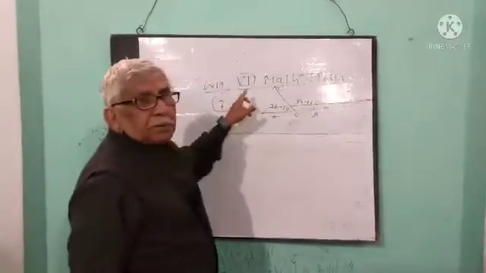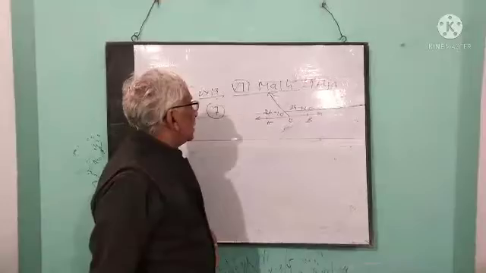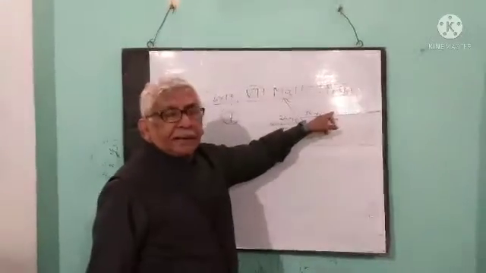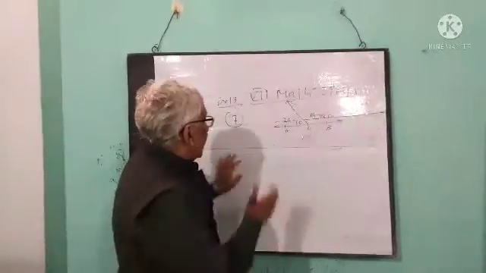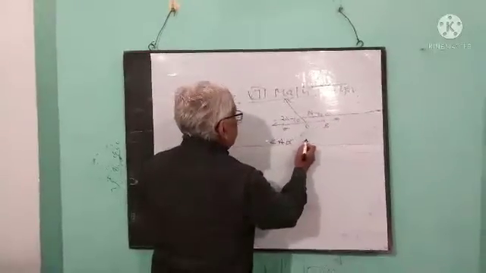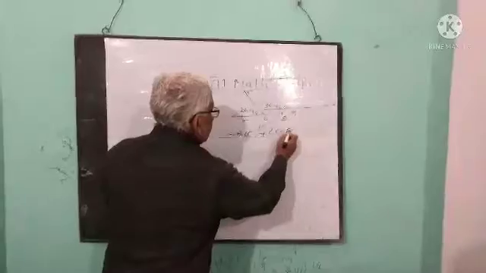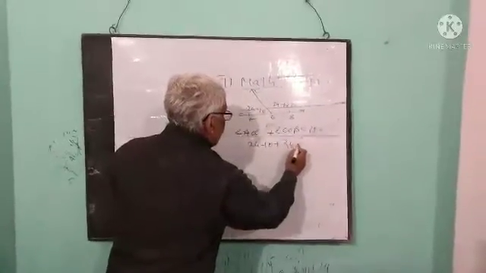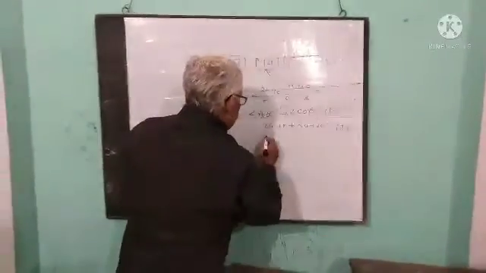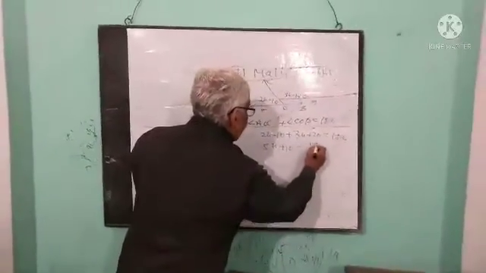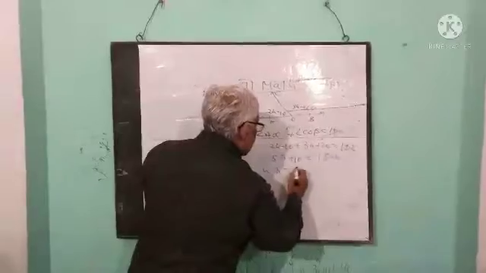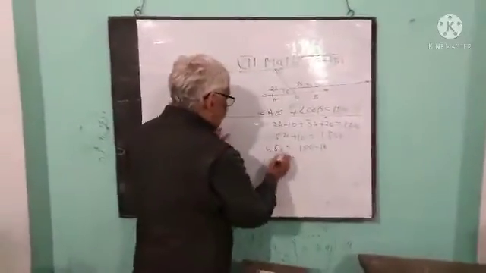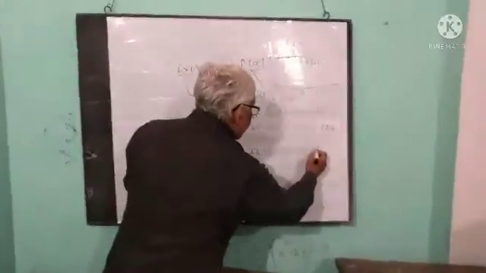I am going to teach you the remaining question of lesson 13. You know that the sum of the angles of a linear pair is 180 degrees. In the figure given, angle AOC plus angle COB is 180 degrees. So 2x minus 10 plus 3x plus 20 is 180 degrees. 5x plus 10 is 180 degrees, or 5x is equal to 180 minus 10, which is 170 degrees.